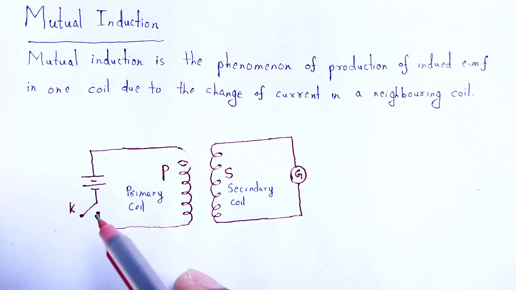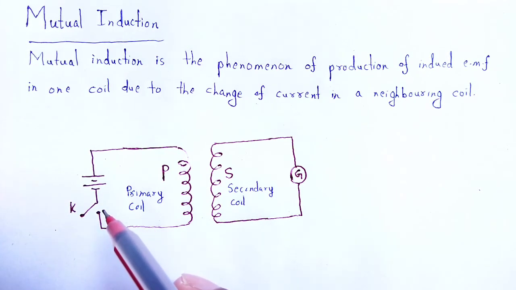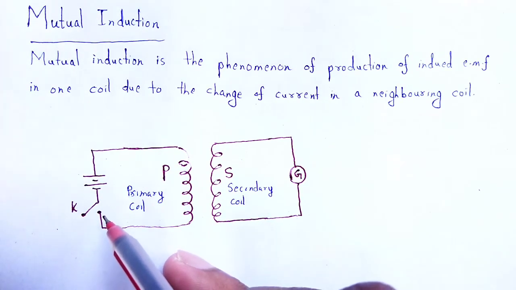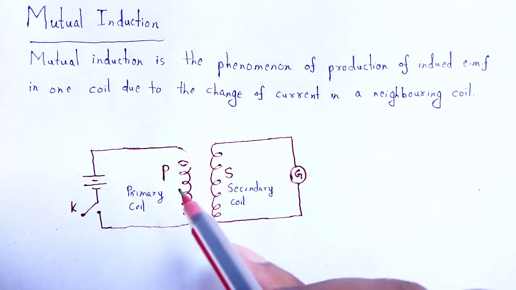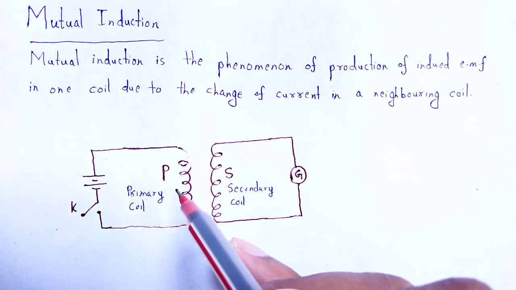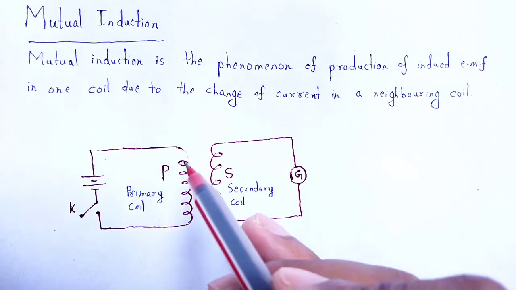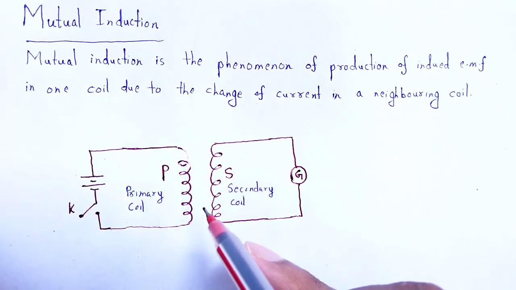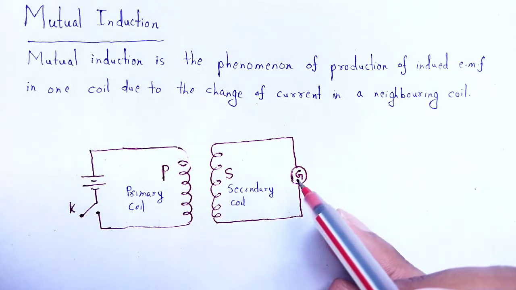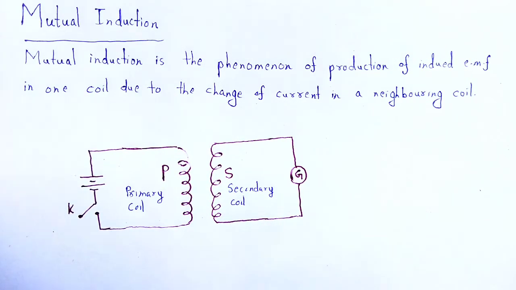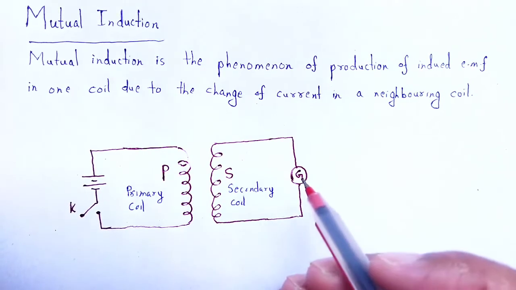Look here, when the key K is just pressed, what happens? In the primary circuit, an EMF is induced in the secondary circuit, and the galvanometer records a deflection.